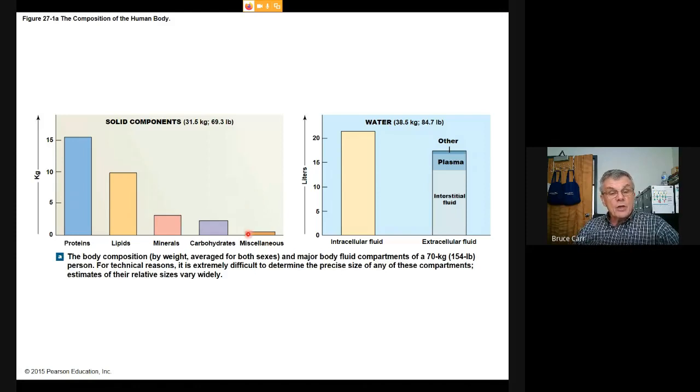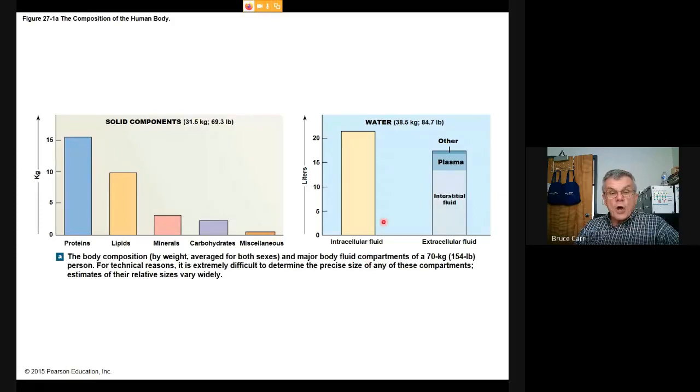Notably, and I think important, we named a big 4 for the carbon polymers of the body: proteins, lipids, carbohydrates, and nucleic acids. There's not enough nucleic acid to actually measure it on a kilogram basis for this comparison. It's included down here in miscellaneous.